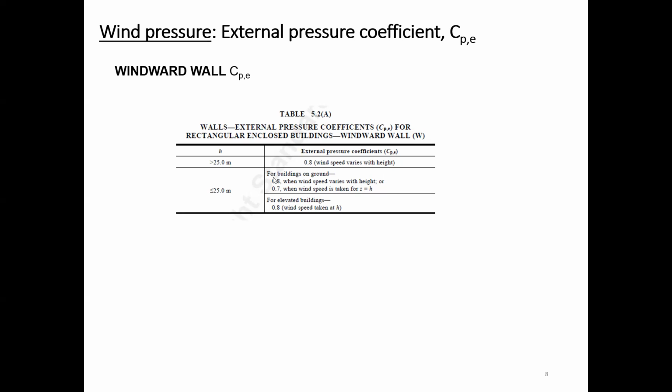But when you vary the wind speed up the building, you're taking a more accurate point of view, but you're not taking a conservative assumption, so we use 0.8. We will be using 0.7 for our purposes, because we're going to use Z equals H, the wind speed at basically the highest point of the building.